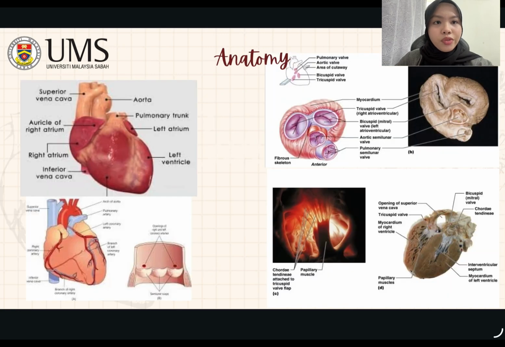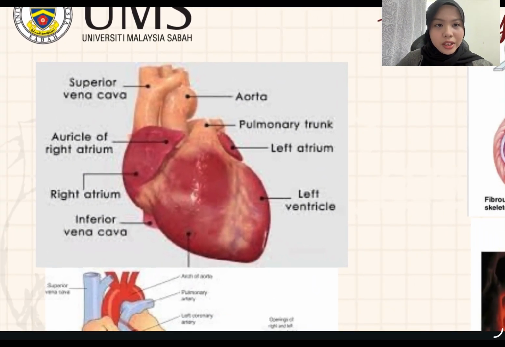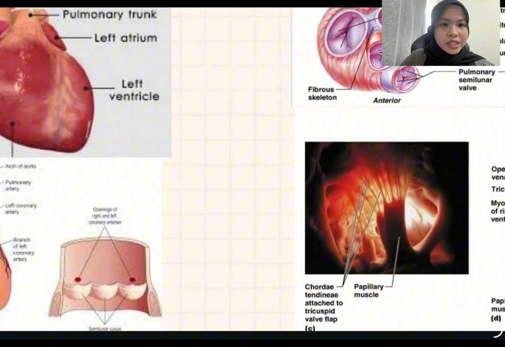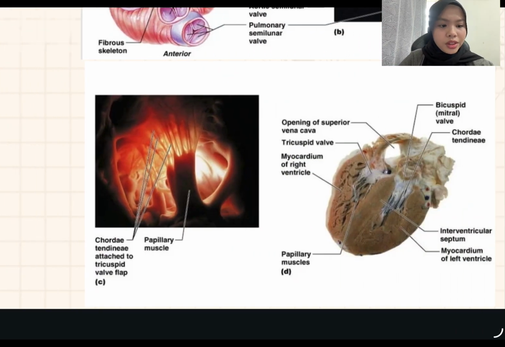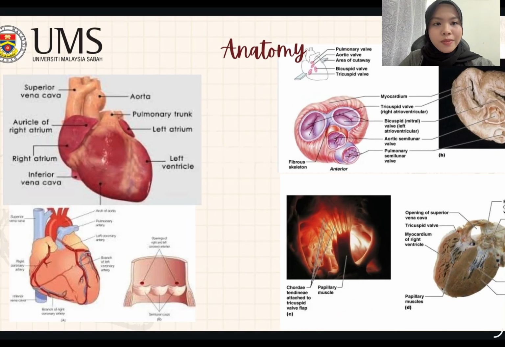Okay, so from an anatomical perspective, the heart is a hollow muscular organ located in the mediastinum and enclosed by the pericardium, which serves as the outermost protective layer. The pericardium reduces friction during cardiac movement and helps anchor the heart within the thoracic cavity. The heart has distinct anatomical borders and is divided into two chambers, the right and left atria and the right and left ventricle.